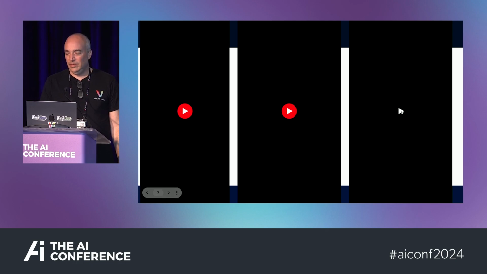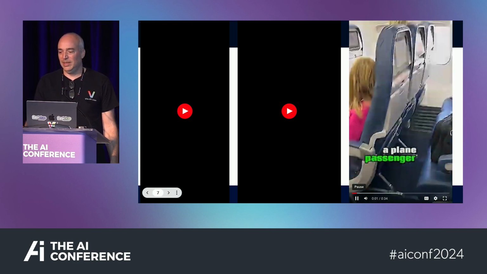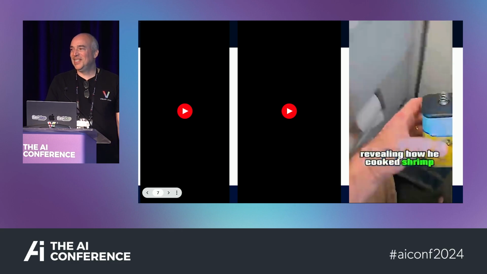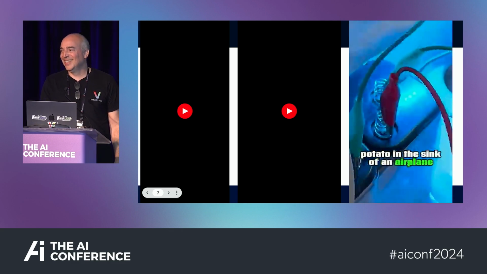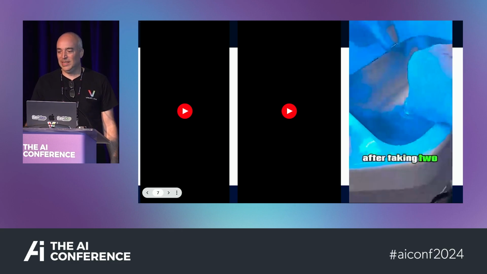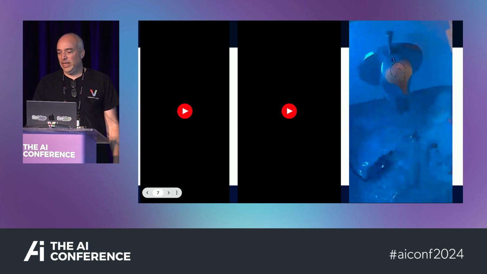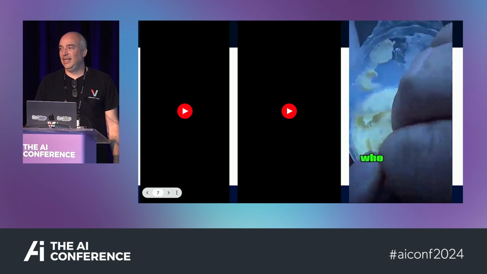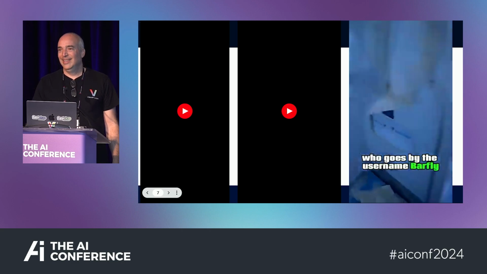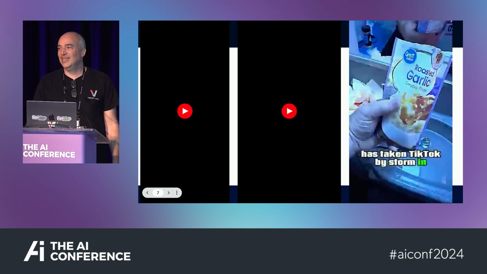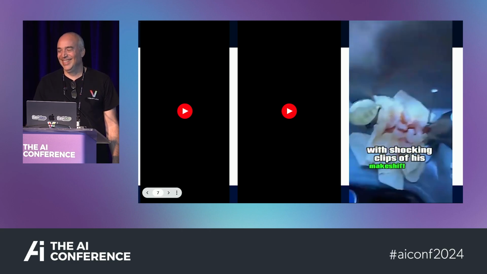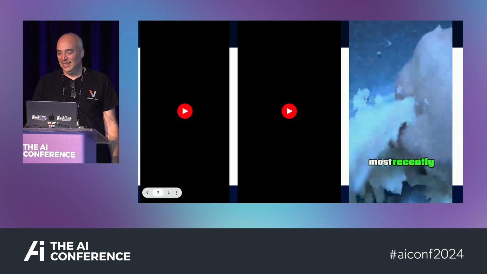The third video is also a bit hilarious. This is the US side, so not just the Israelis are crazy, we have crazy US persons. That's a Delta flight, and the person is cooking inside the sink of the toilet, cooking shrimp and gravy.